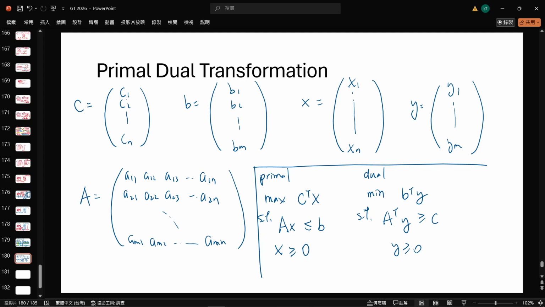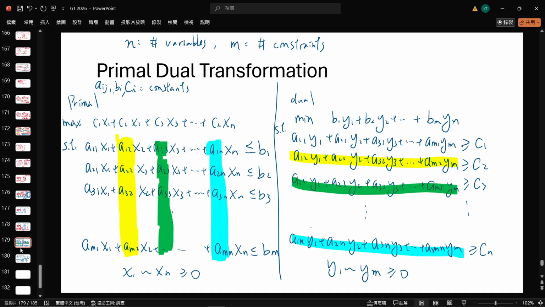But I don't think you have to memorize this, because the really important idea is to know that all this transformation is just to find a proper weighted combination. I think that's the key idea.